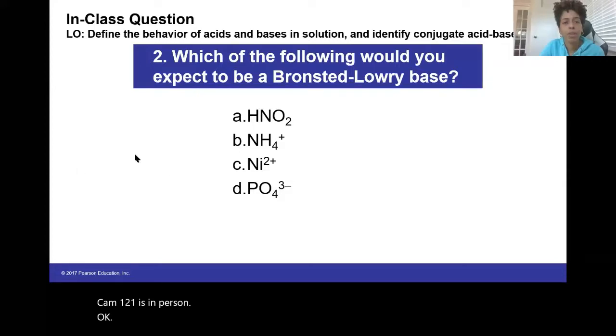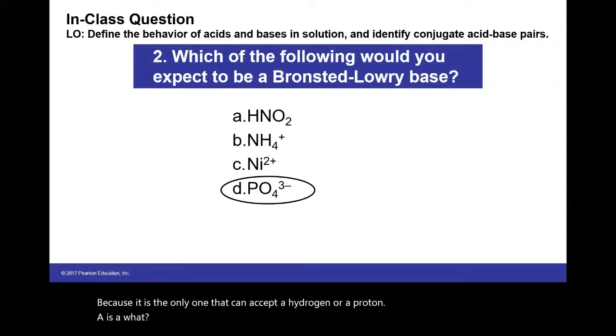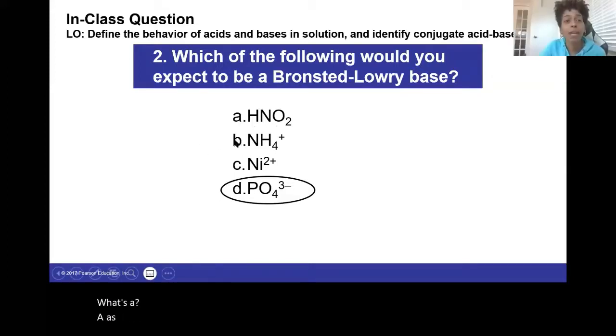All right, so what is the answer to our question? Well, D is the answer because it is the only one that can accept a hydrogen or a proton. What's A? A is an acid. What's B?